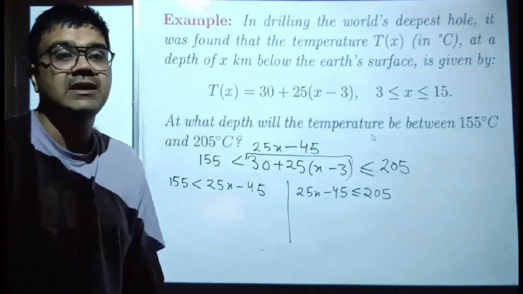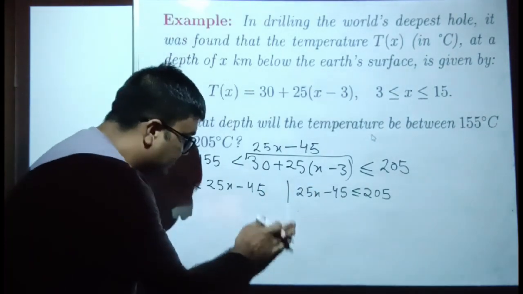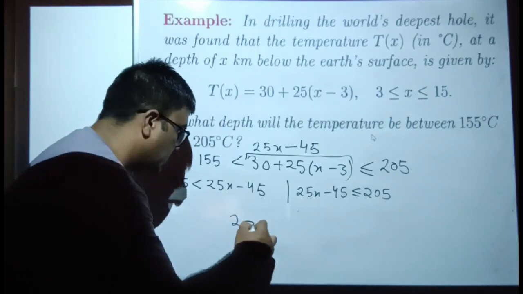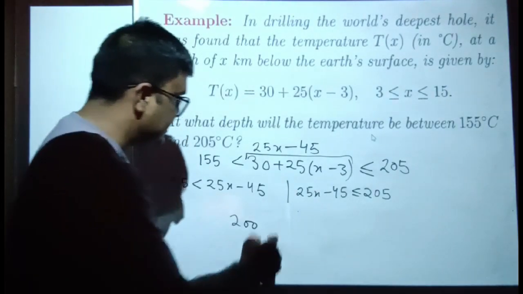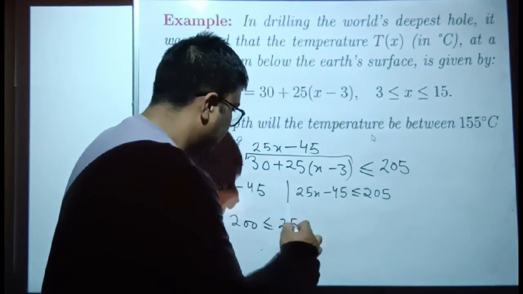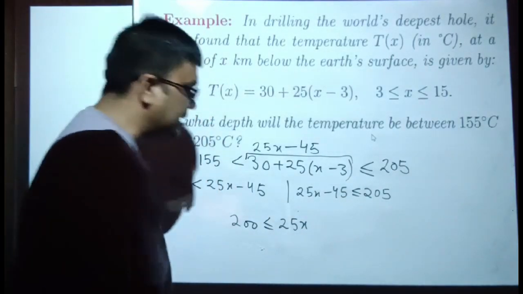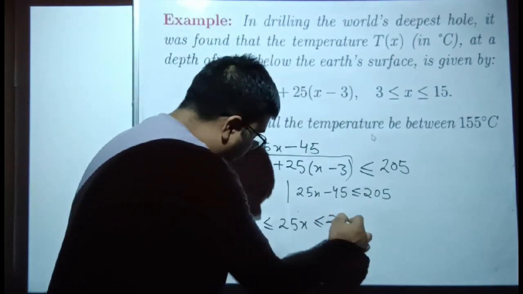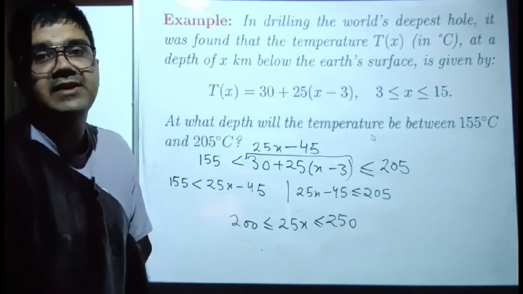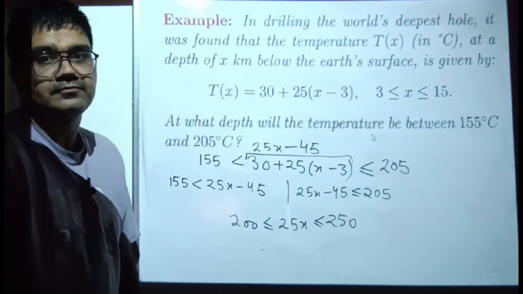On solving these two inequalities, we get 200 ≤ 25x ≤ 250.